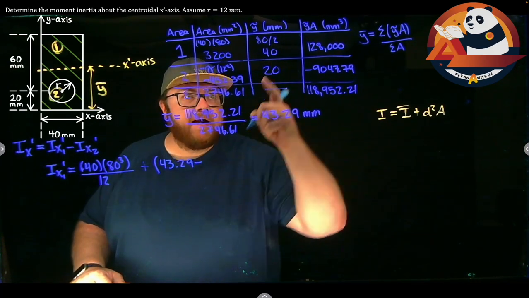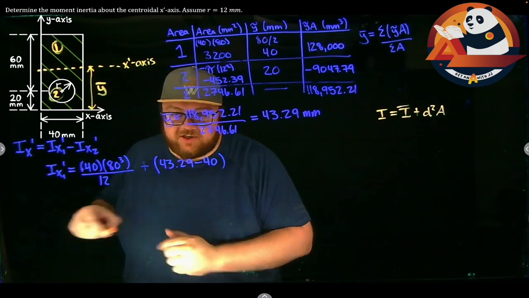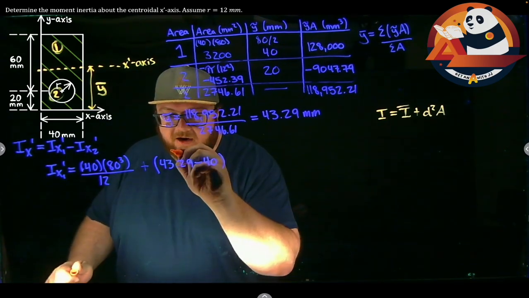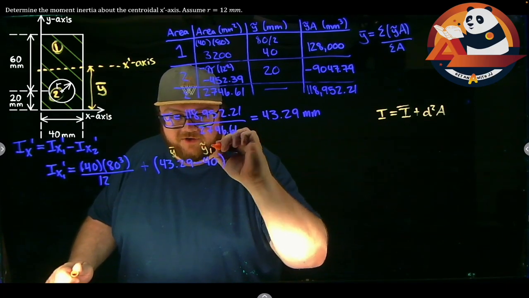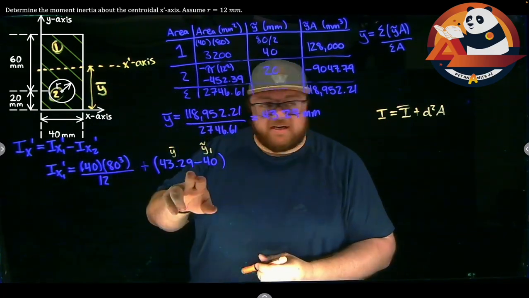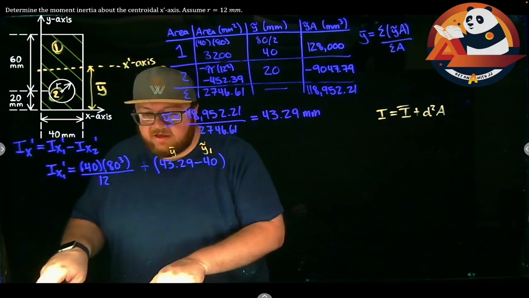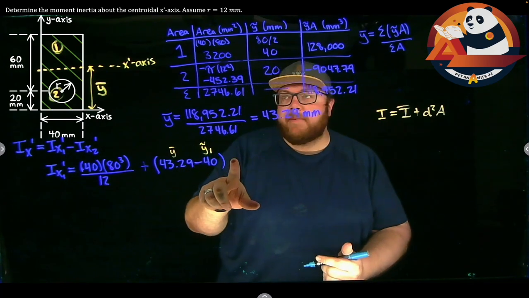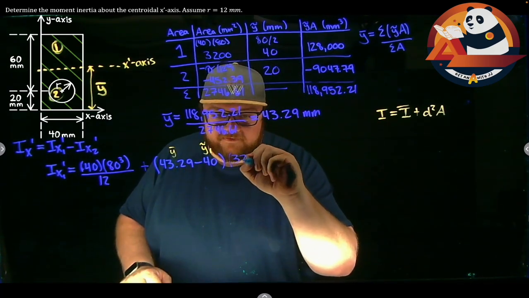43.29 minus y tilde, 40. Again, that's just y bar minus y tilde for shape 1. That will always get us that d distance if we are doing moment of inertia about a centroidal axis. And then we need to multiply by the area, but I have that one already, 3,200.